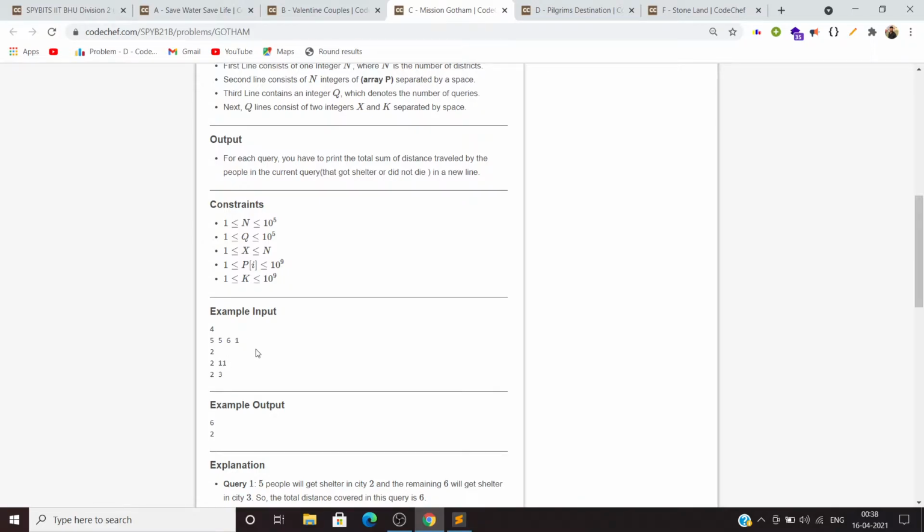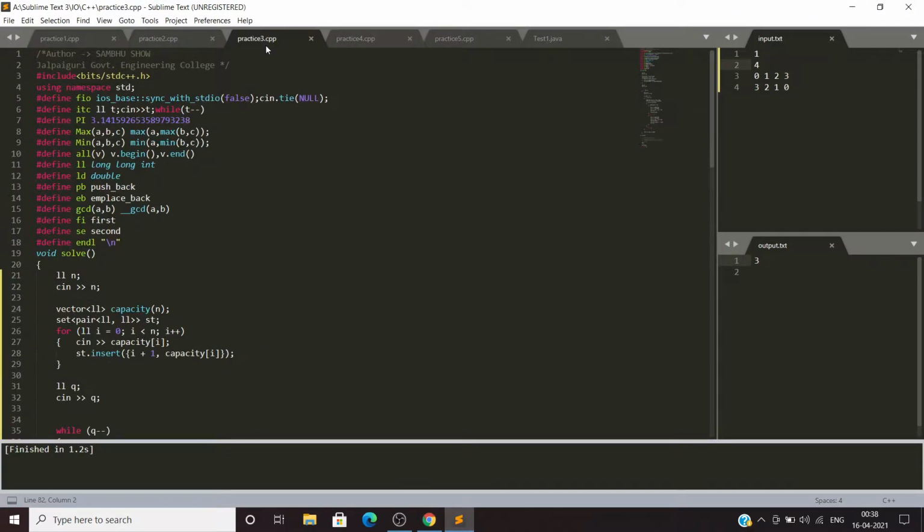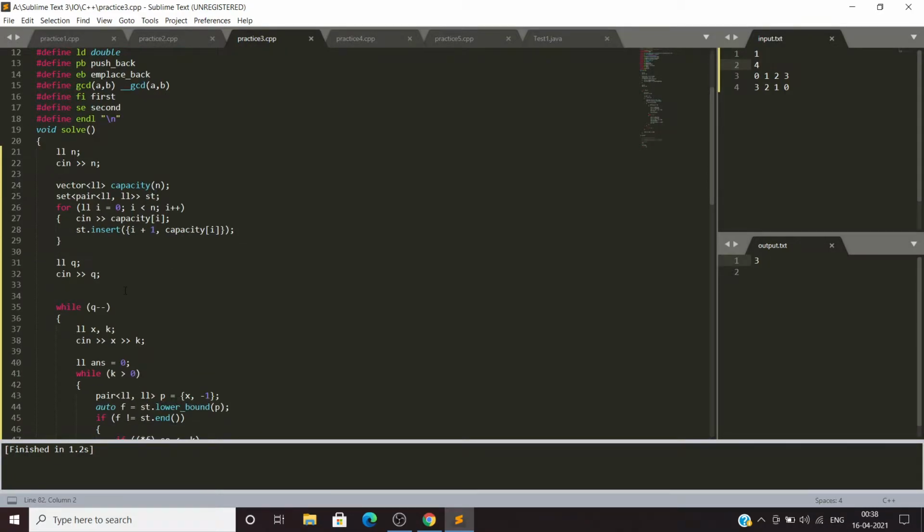Actually, this is one-indexed, so this will be first, second, third, and fourth. So let's take this example and try to understand what is happening here. So this is the example.